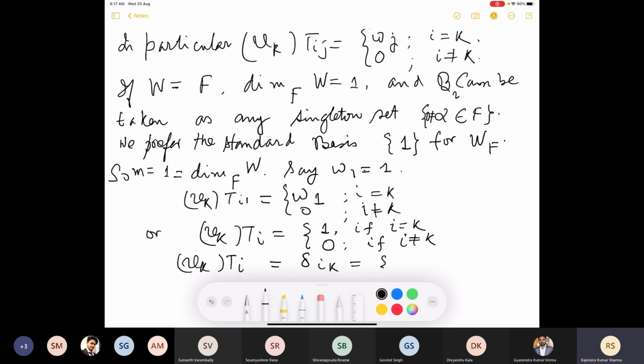That means this is 1 if i is equal to k, and is 0 if i is different from k. So this is actually the Vi hat. So denote this Ti by Vi hat for every i from 1 to n.